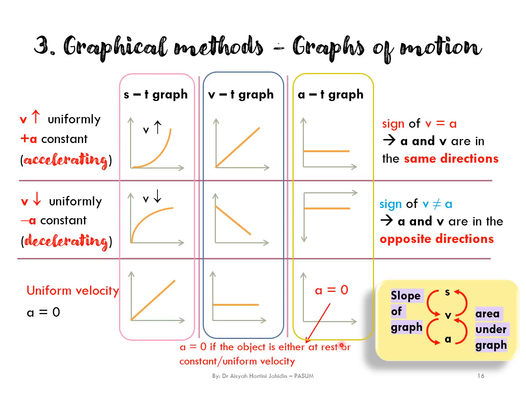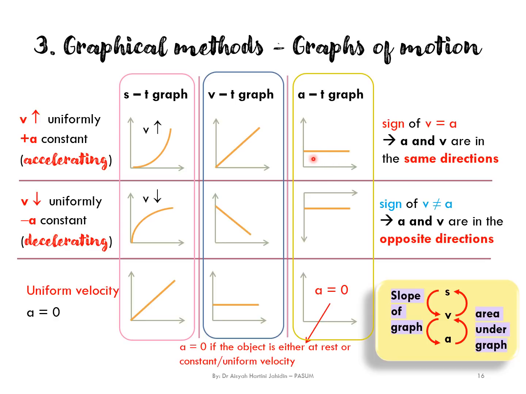Let's say if you want to find the velocity from the a-t graph, we can find it by calculating the area under the a-t graph.